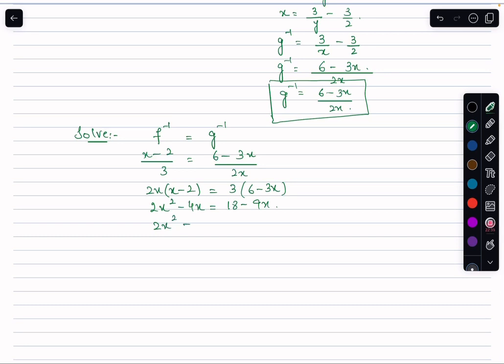Making a quadratic equation, it's minus 4x plus 9x minus 18, and this is equals to 0. 2x square plus 5x minus 18, that shall be equal to 0 here.